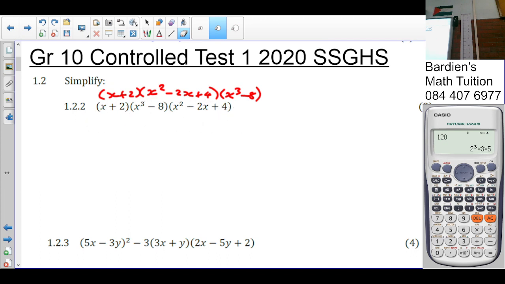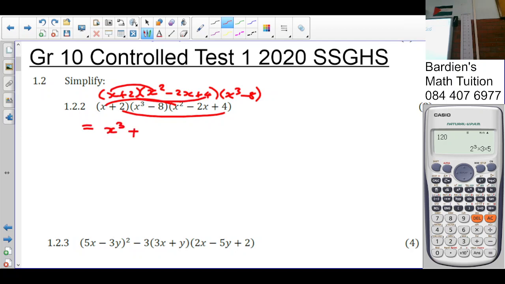If that is the case, I can just multiply the first and the last, so that will simply give you x cubed plus 8 into x cubed minus 8. Again we have the conjugate pair, which will lead into a difference of squares. Again we multiply the first and the last. It's going to give you x to the 6 minus 64.